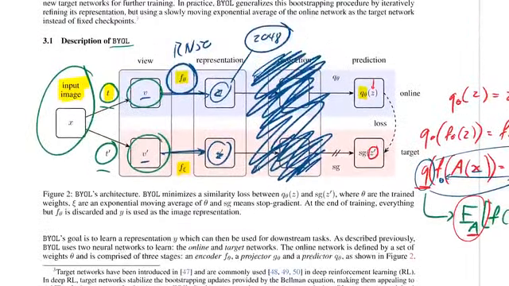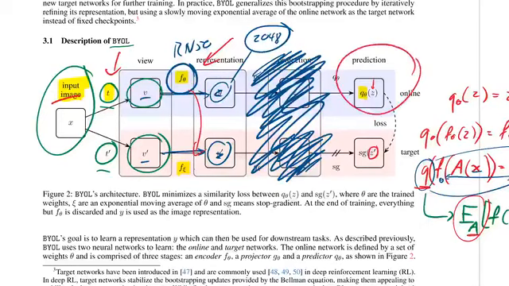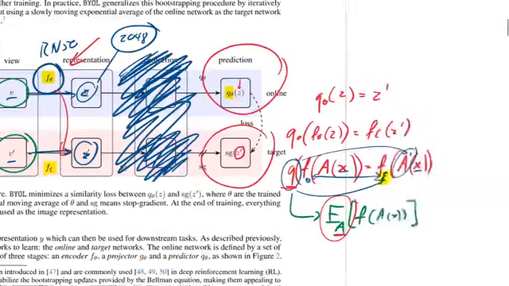Okay, so again, the components: there is an image, then you augment differently, then you run it through different encoders, but the encoders are similar in the fact that one is the exponential moving average of the other, and then you try to predict one from the other.